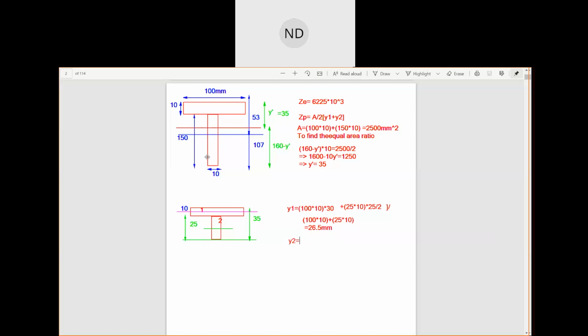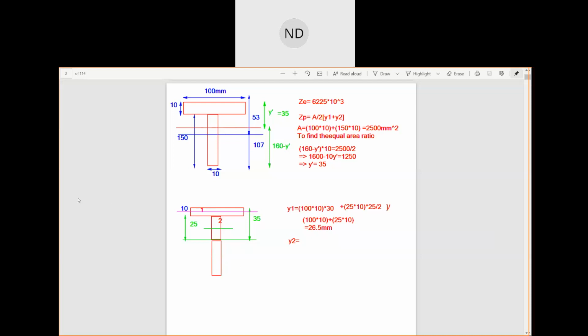For this, only one single rectangular member is there. This portion is below your equal area axis, the red one.